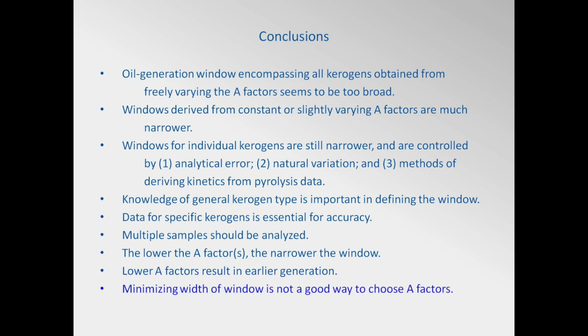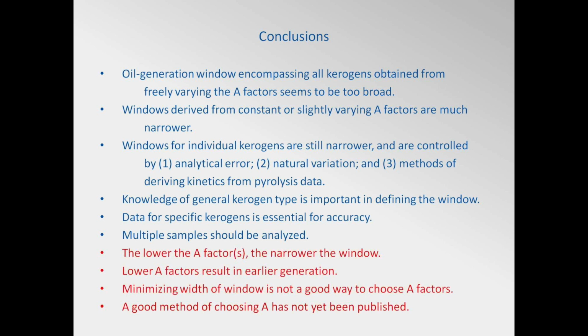Ninth, simply minimizing the width of the generation window is not a good way to choose an A factor because the absolute value of the vitrinite-reflectance at which generation is occurring is also very important and is not taken into consideration if we're simply looking at the width of the window. And finally, in my opinion, a good method of choosing A values has not yet been published.